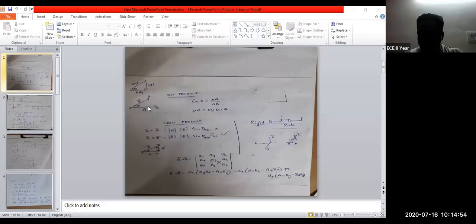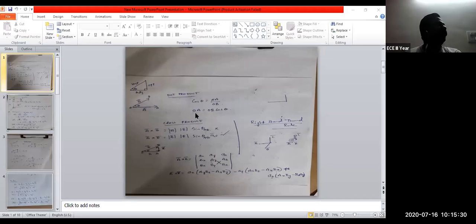So here the simple logic is, if cos theta is equal to OA by OB, then if I multiply OB with cos theta, that is nothing but OA. It means OB is projected along OA.